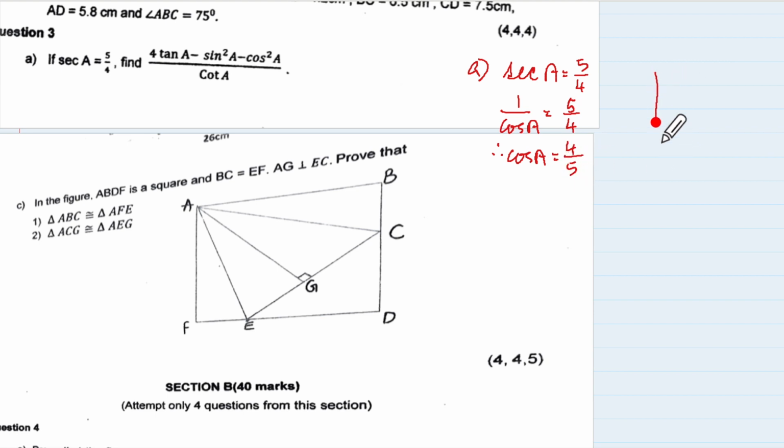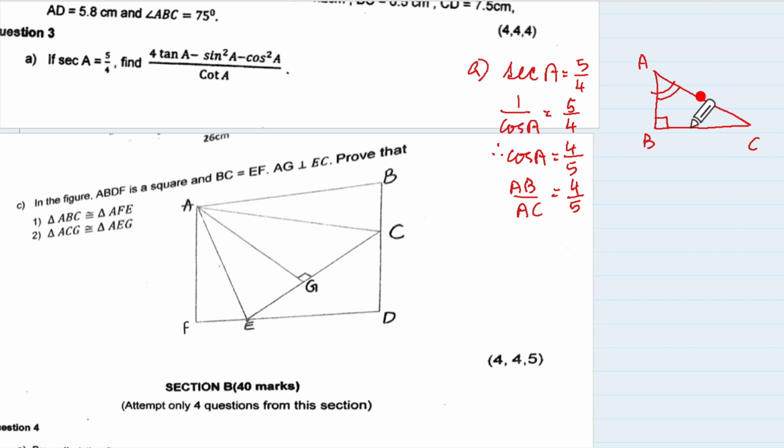Okay, now make sure that you are having a right triangle in front of you and mark this as A. Now cos A, what is cos A? It is AB upon AC. So I'll write AB upon AC is 4 upon 5.